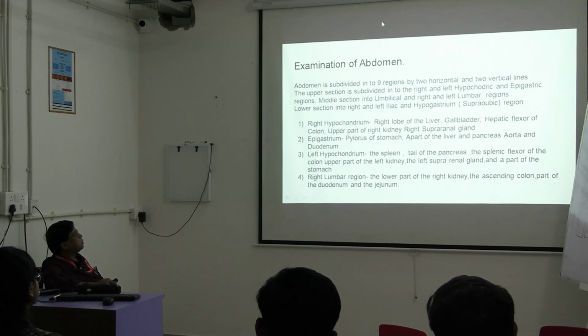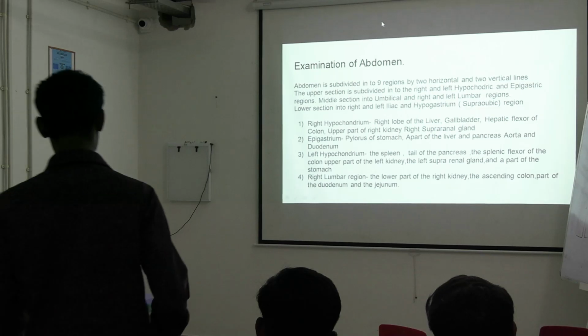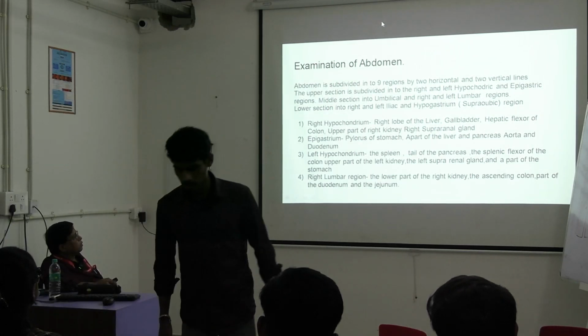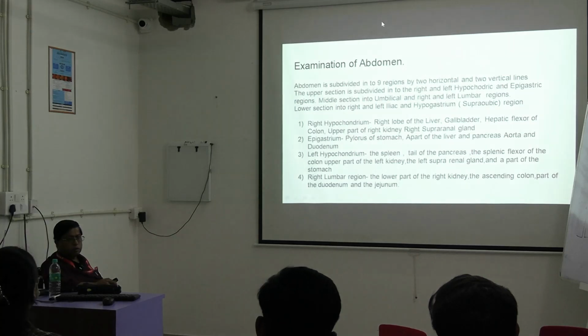The upper section is subdivided into right hypochondrium, epigastrium in the middle, and left hypochondrium on the two sides. The middle section is umbilical, right lumbar and left lumbar. And below that, the lower section has the suprapubic region, hypogastrium, in the middle, and the right and left iliac fossa.